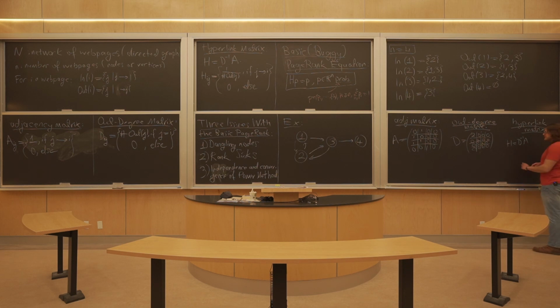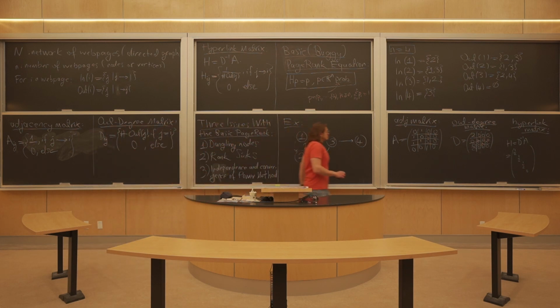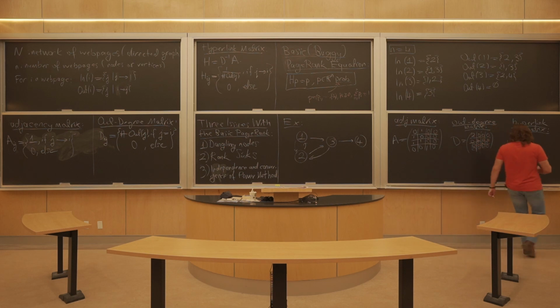In any event, by this multiplication, I really mean this. Invert D as much as possible and leave the rest as 0. So this is going to be 1 over 2, 1 over 2, 1 over 2, 0, multiplied by A. So maybe I should do it here.